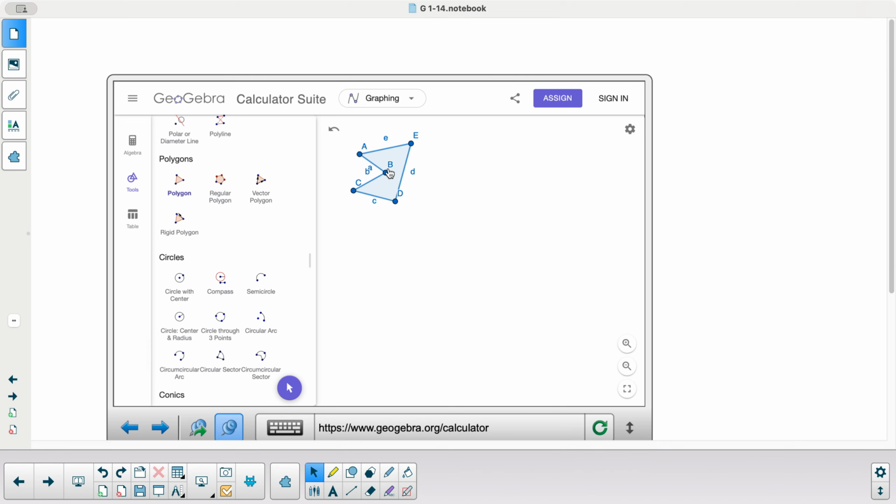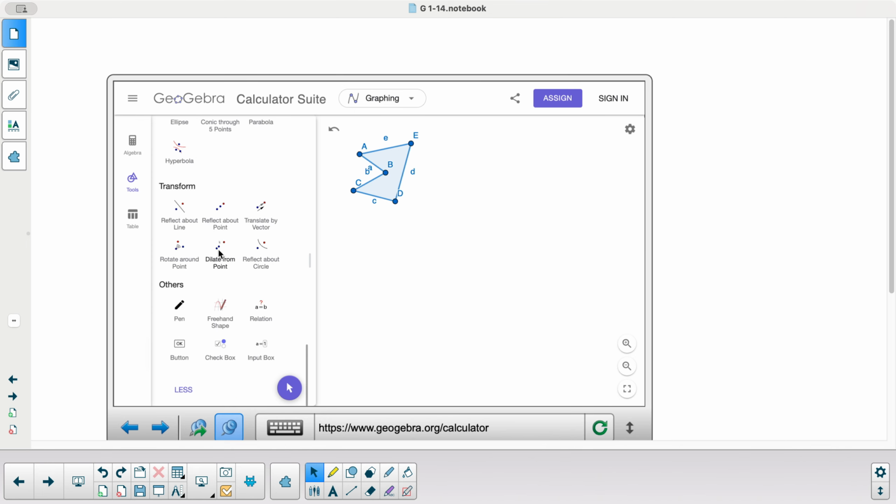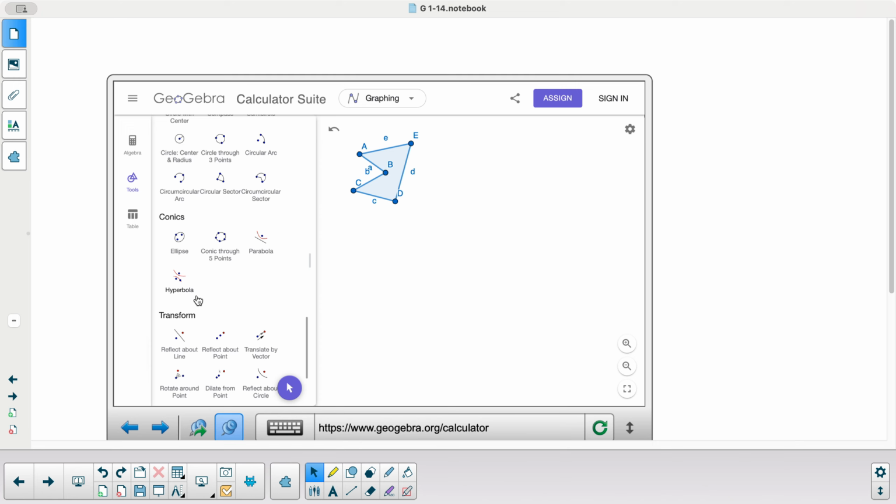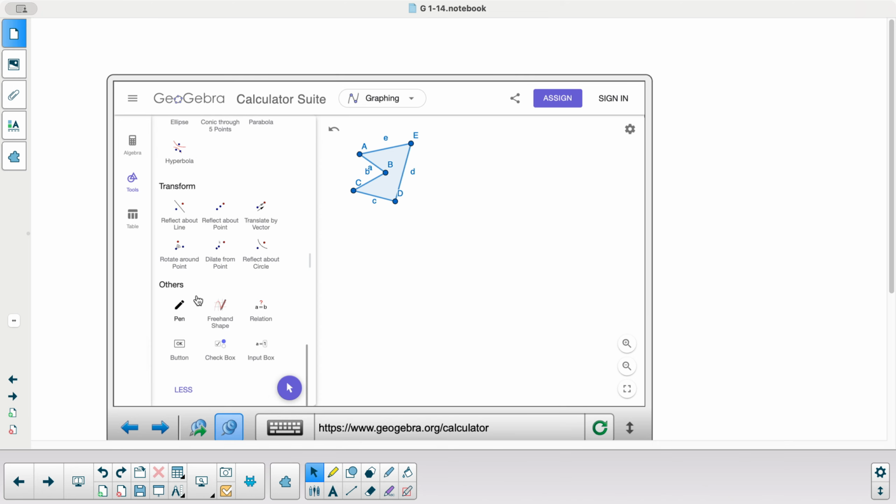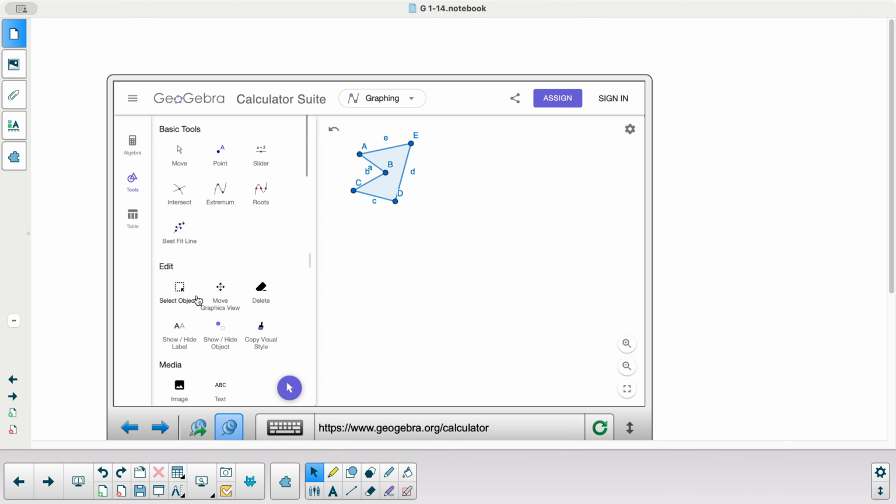Now it names the vertices in capital letters and the sides in lowercase. It looks like a lot there, but this is point A, point E, side lowercase d, point capital D, and so forth. But let me get a point here. So this will be my point that I'm going to rotate, F.